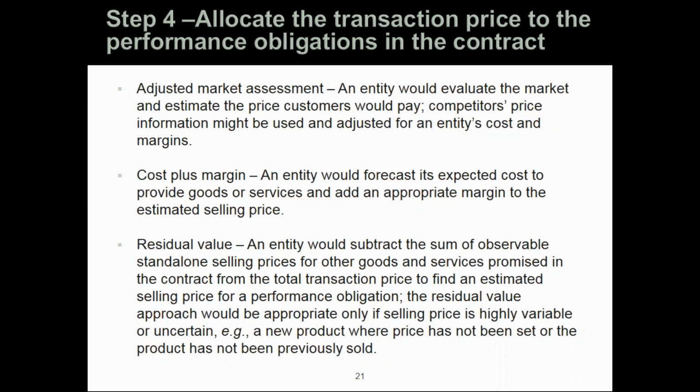With the expected cost plus margin approach, the entity would forecast its expected costs of satisfying the performance obligation, and then just add an appropriate margin for that good or service. With the residual approach, the entity would start with the total transaction price and then back out the standalone selling prices of other goods and services in the contract.